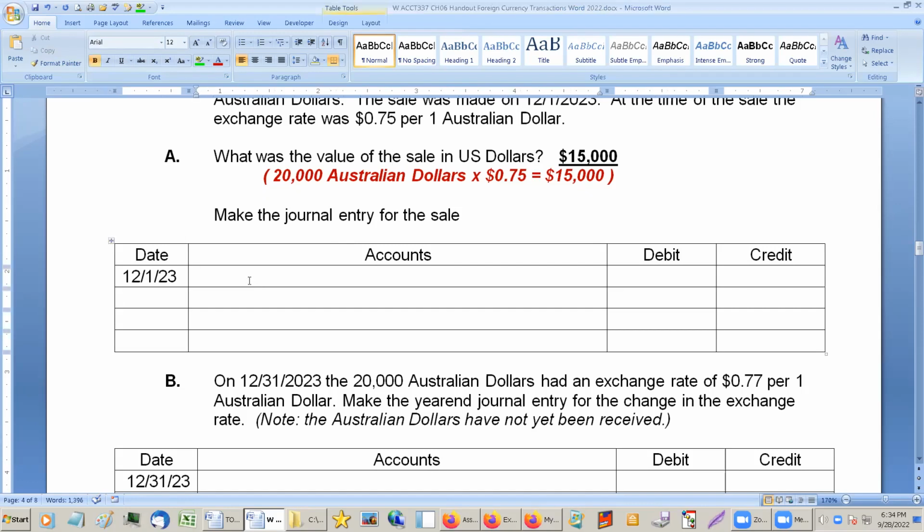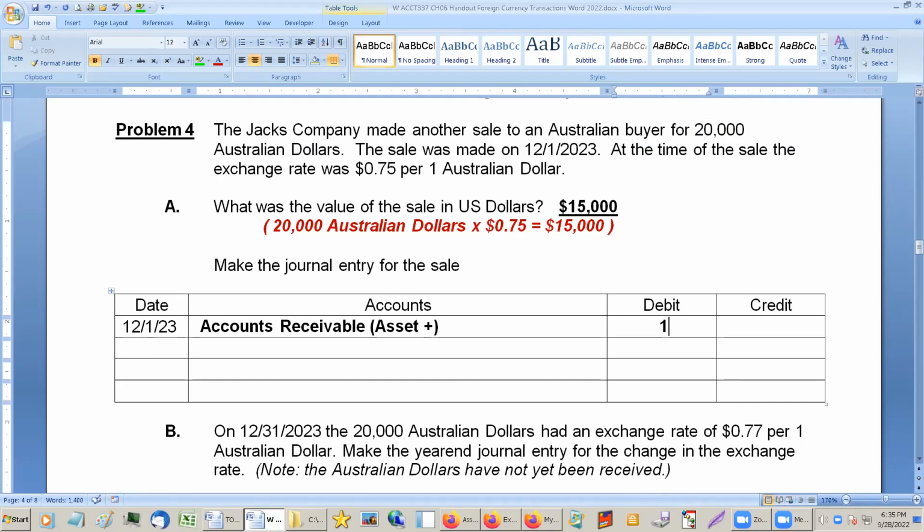Okay, so this is just like we did before. So we put accounts receivable on our books as an asset going up by 15,000. And then we have sales or revenue or both. $50,000. Okay.